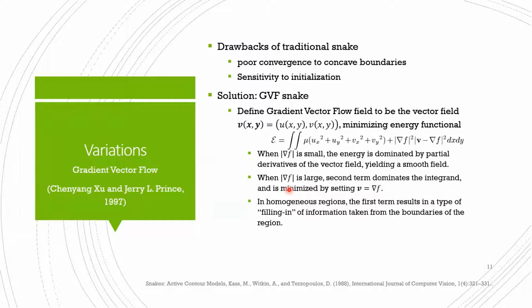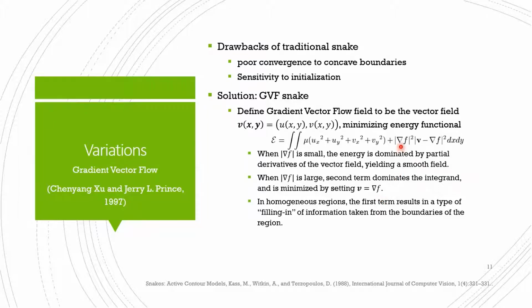So when delta F is small, the energy is dominated by the partial derivatives of the vector field, the first term, and that will be a smooth field.